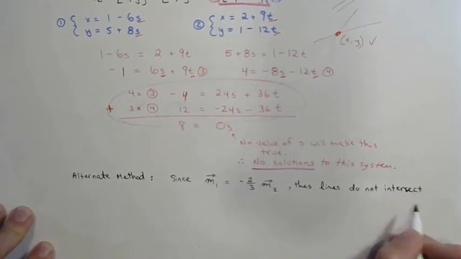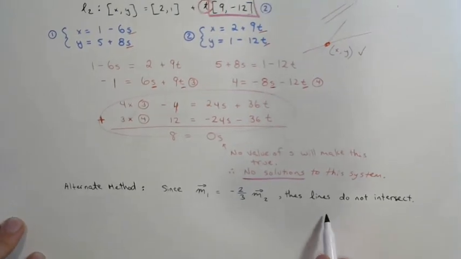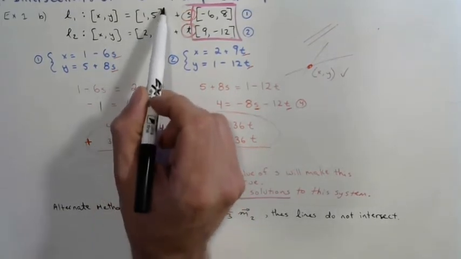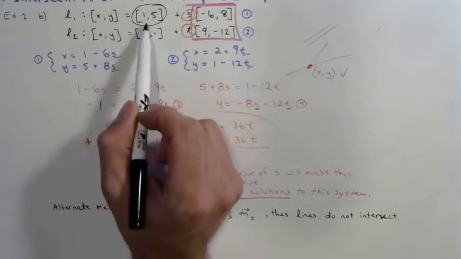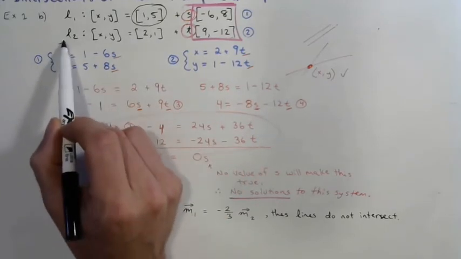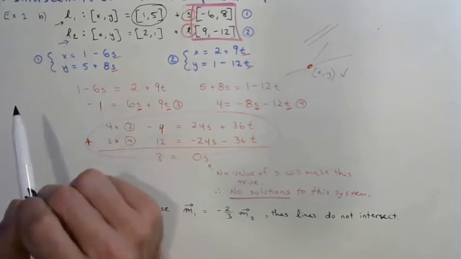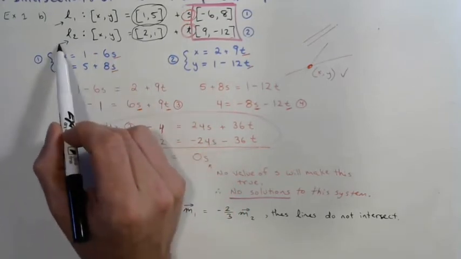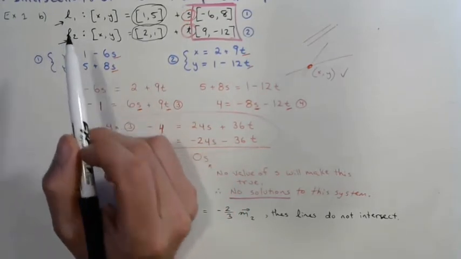Now we don't know at this point whether they are parallel or coincident, but we can look at them. If they were coincident, then the point 1,5 would lie on line 2 as well as line 1, and equally so, the point 2,1 would lie on line 2 as well as line 1.